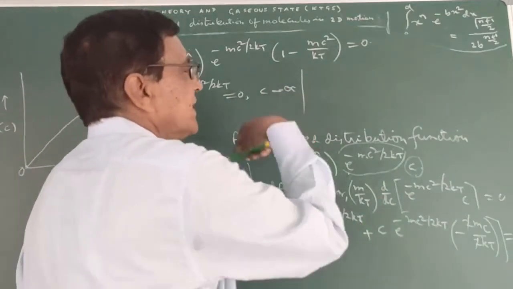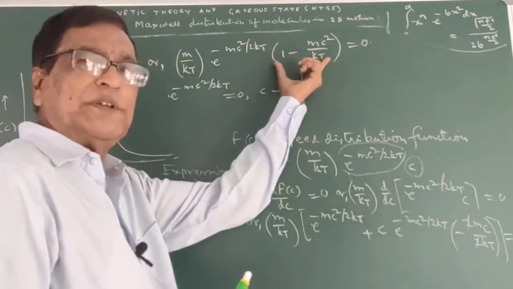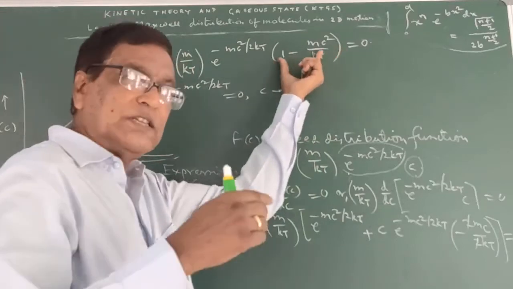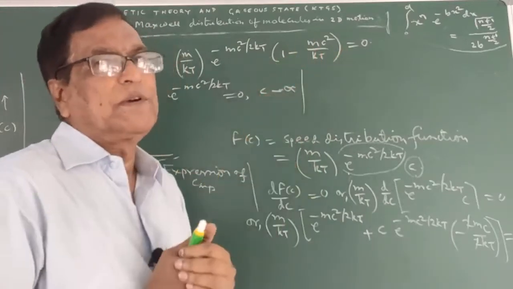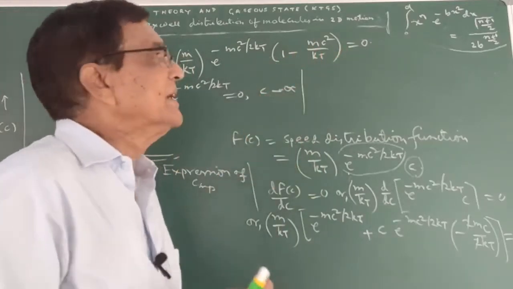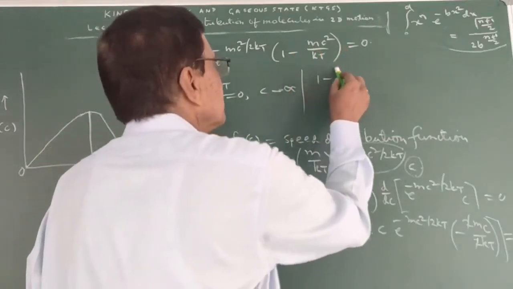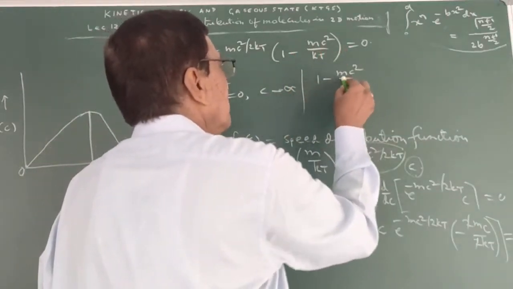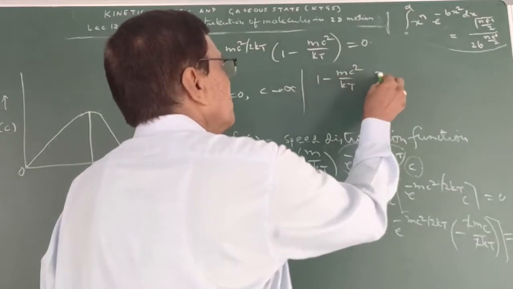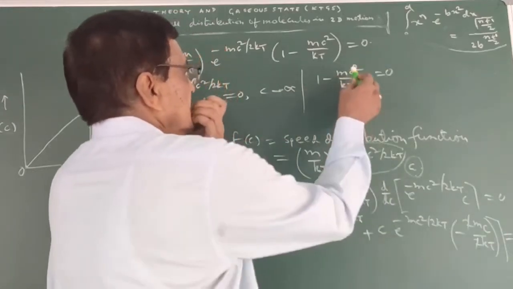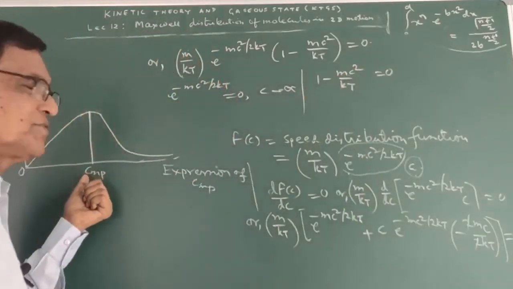The other term may also be equal to 0, and this corresponds to the maximum value of Fc. So 1 minus mc square by kT equals 0, and this C corresponds to CMP.